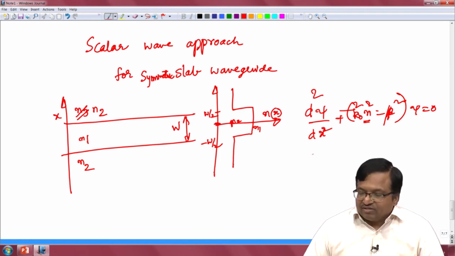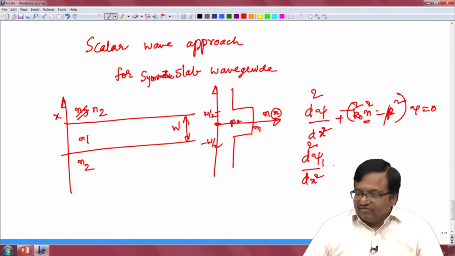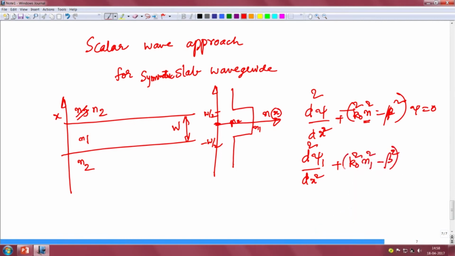We can also write these equations differently for core as well as cladding, and then later on match. We can say d square psi 1 by dx square in the core region, the field, plus k 0 square n1 square minus beta square of psi 1 equal to 0, and in the cladding region d square psi 2 by dx square plus k 0 square n 2 square minus beta square of psi 2 equal to 0.